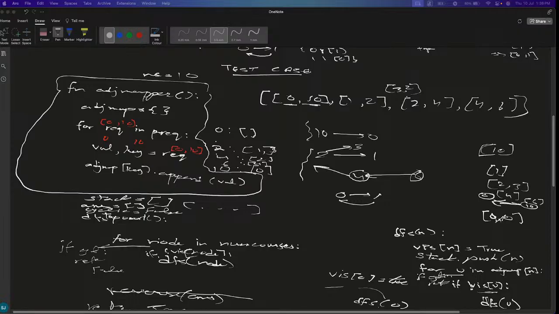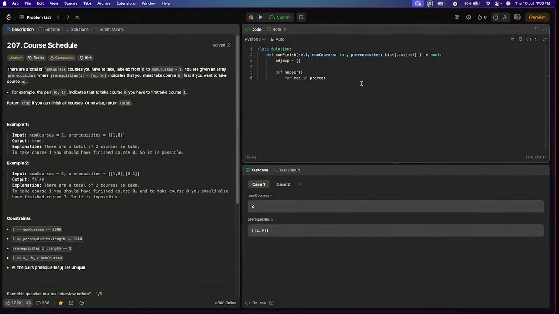Adjacency map is equal to this, and for request in prerequisite, so you have for request and prerequisite, right?